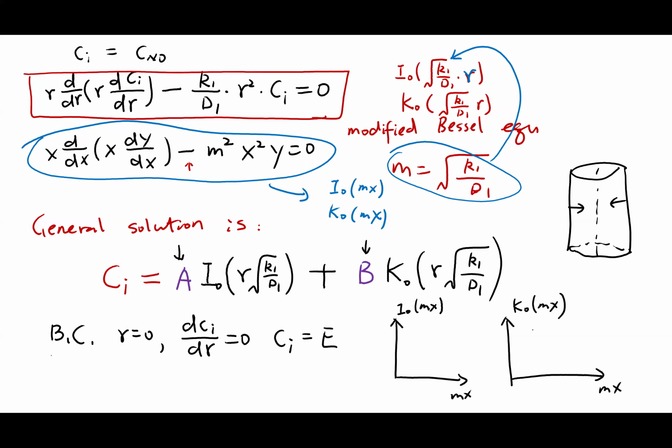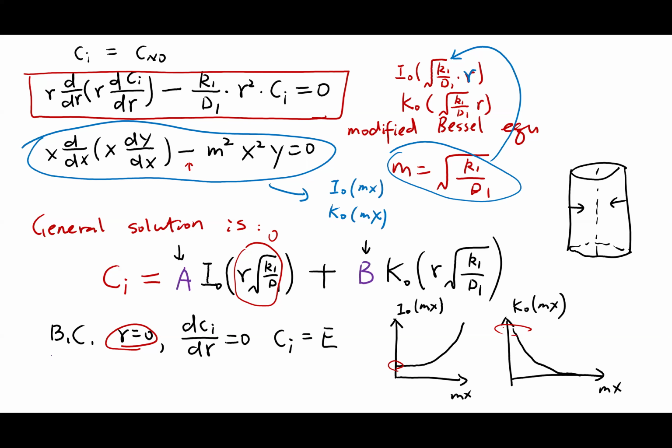So the curve looks like this, and this one looks like this and then approaches 0. Based on this, we know when r equal to 0, this thing will become 0, so we are looking at here.